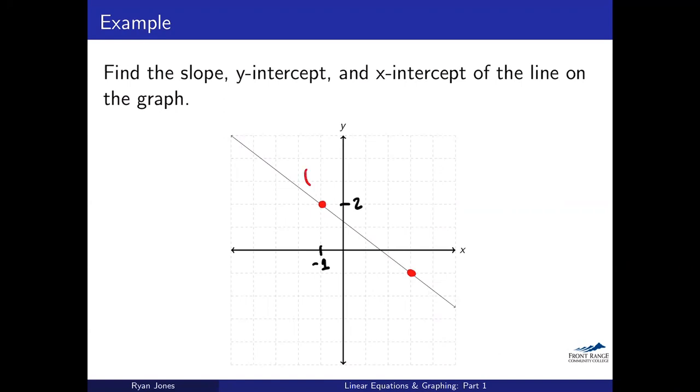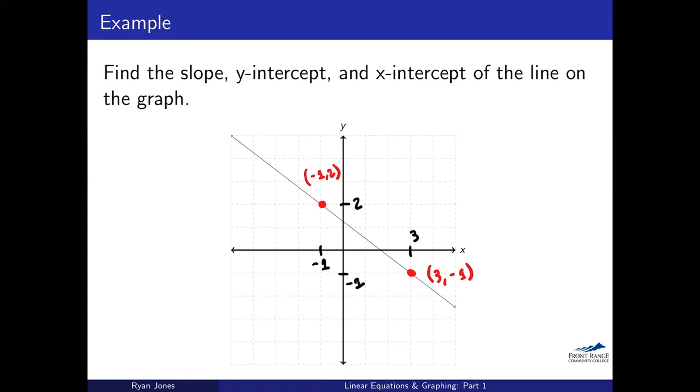Let's go ahead and write that down. And then this point here is going to be (3, -1). So I've got those 2 points, and I can very easily calculate a slope.